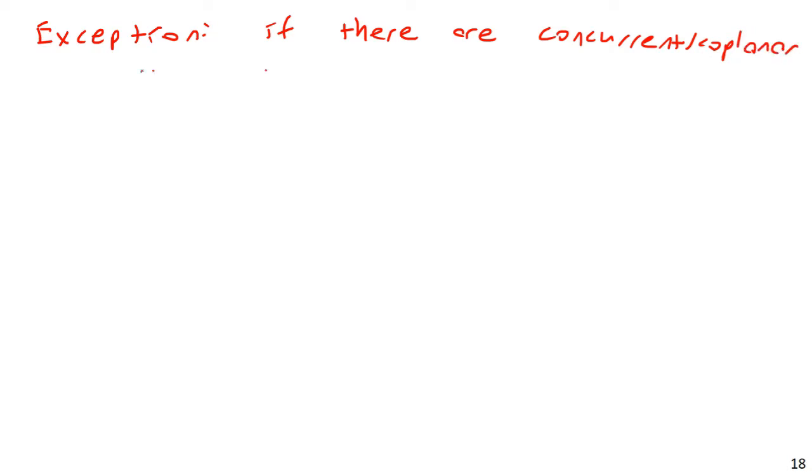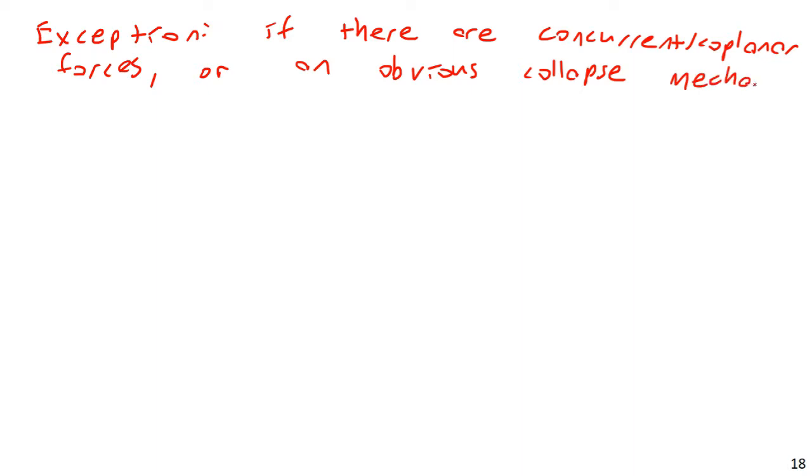Exception to the Rn equation of geometric stability. If there are concurrent forces or coplanar forces, concurrent / coplanar forces, or an obvious collapse mechanism, the Rn equation may not be valid.